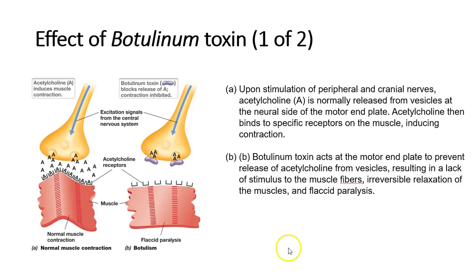Normally it's released and you will be able to contract that muscle. Botox acts on this end of this motor plate and prevents the release of this acetylcholine. So the muscle cannot contract. Okay, and it is irreversible. So this is what makes botulism so bad.